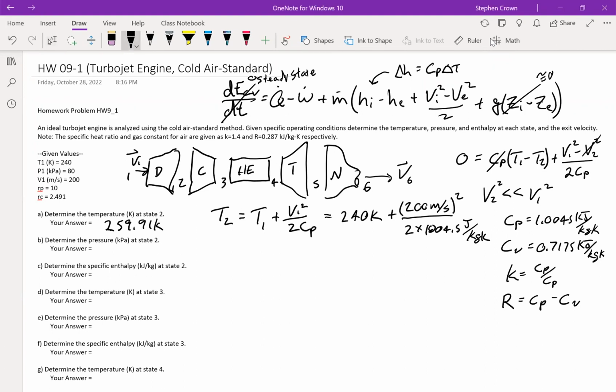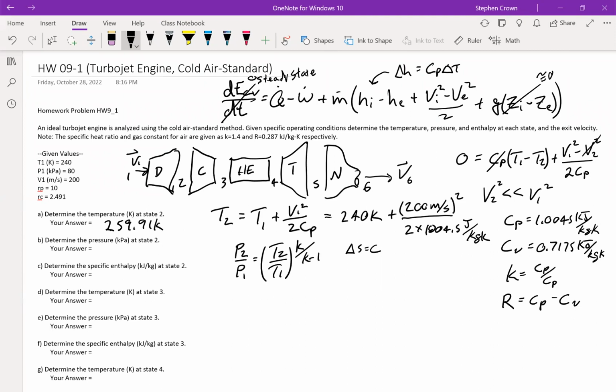Then to find the pressure, we simply use the relationship for an isentropic process relating pressure to temperature. We have P2 over P1 equals T2 over T1 to the K over K minus 1, for delta S equals a constant, which we're assuming each component is isentropic except for the heat exchanger.